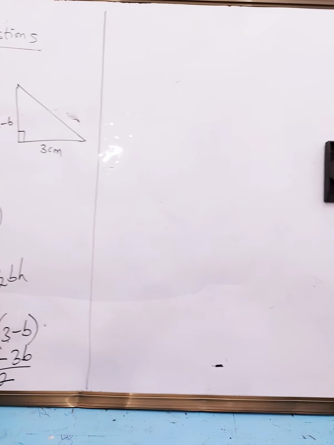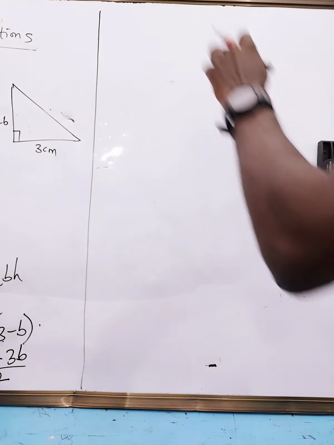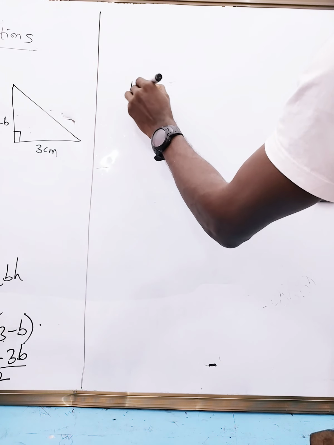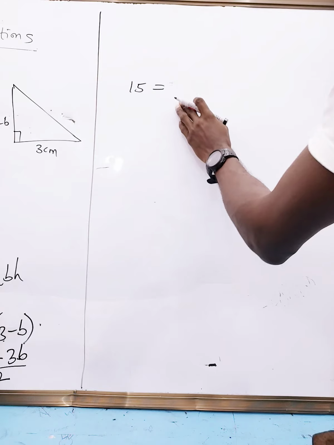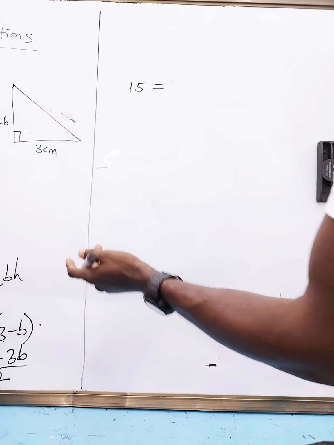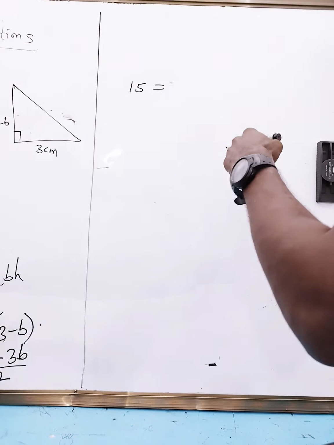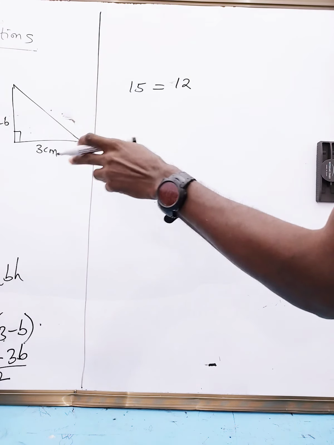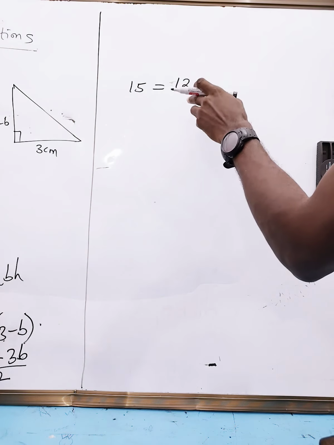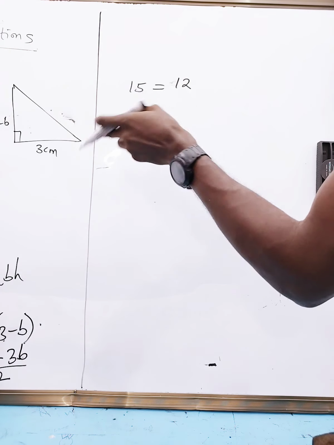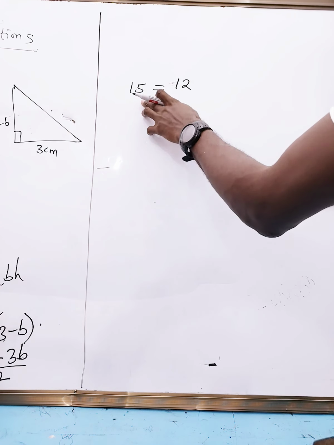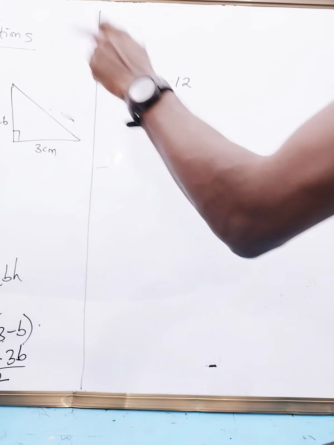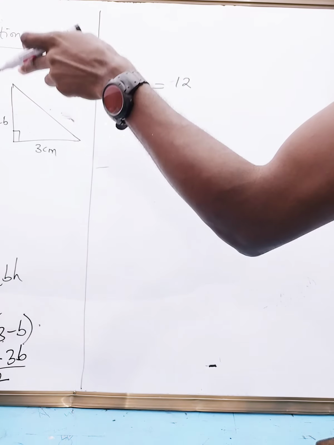Now, we were told that the area of the entire shape is 15. Remember that if we add the two, we'll get the area. So 15, which is the total area as given, equals the summation of the triangle and the rectangle.